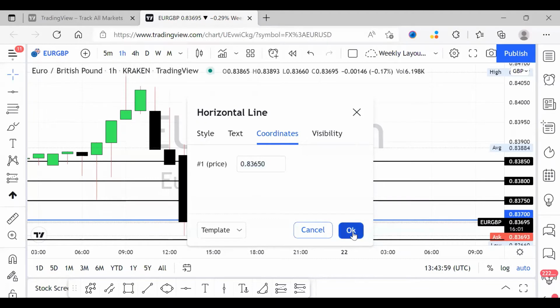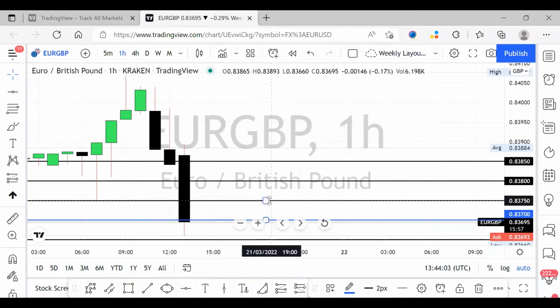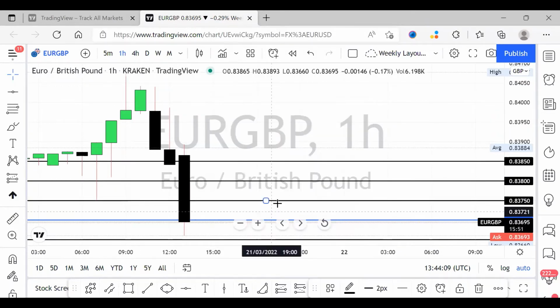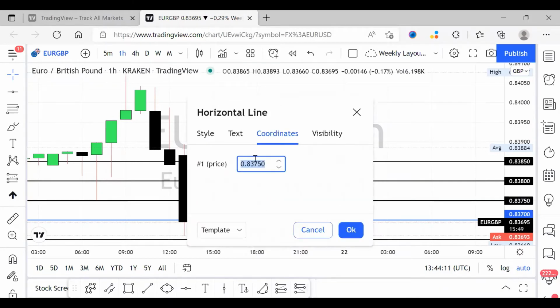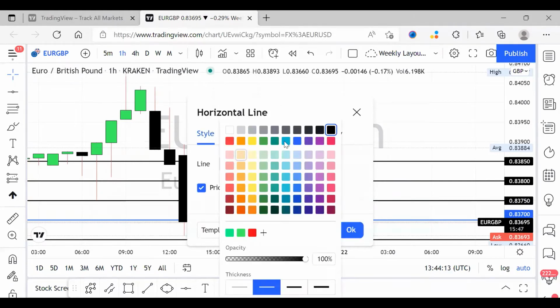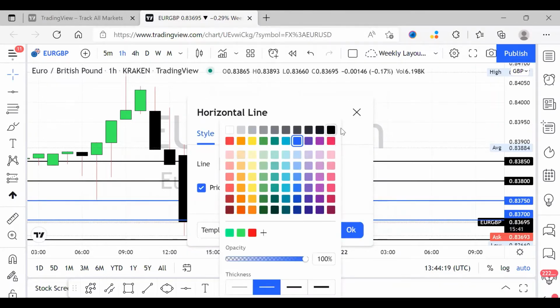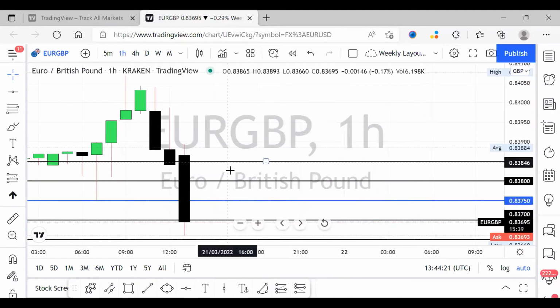So that's 650, 700, 750. So 750 should have been our quarters theory mark. Change that to blue, and change the rest to black. Every 250 from this blue zone, we're going to mark it.